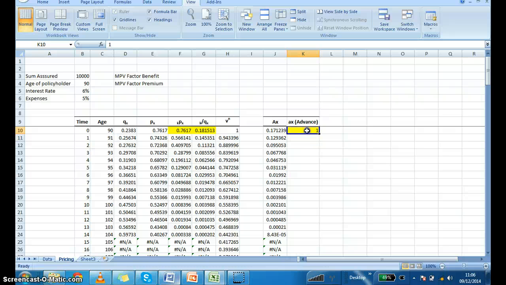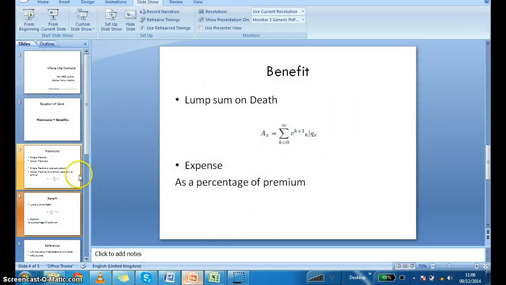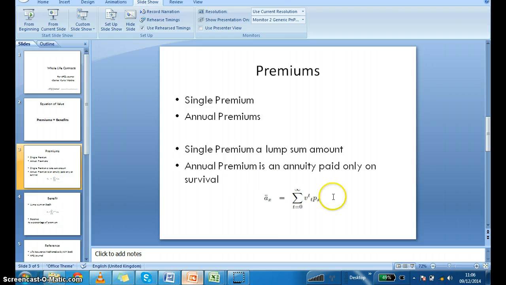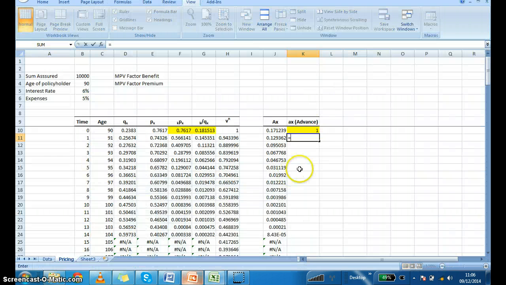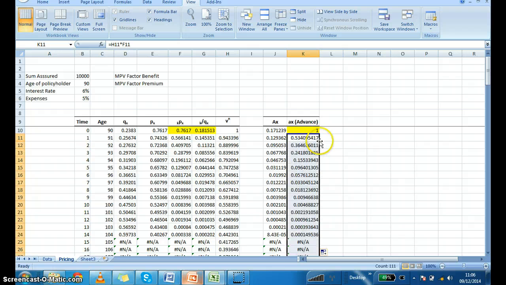That is why we have 1 here. And then for the preceding periods, if you go back to our slides, we have it as a summation of our v^t multiplied by tp_x. So here you just have our v^t times tp_x, like that. Then you just drop that down.